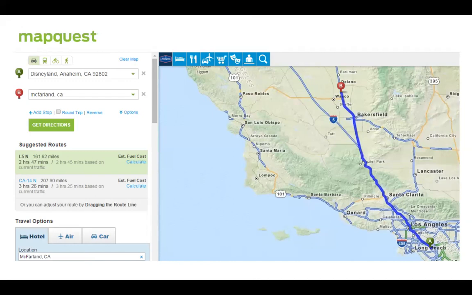So you can see from my old MapQuest map here that it is, what does it say, 161.62 miles from Disneyland to McFarland, I guess, depending on what part of McFarland you're in. All right, I have never gotten so obsessed that I've looked for a specific address that would come out to exactly 160, but anyway, okay.